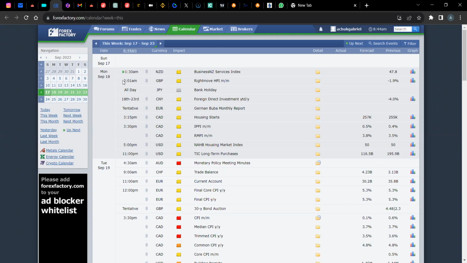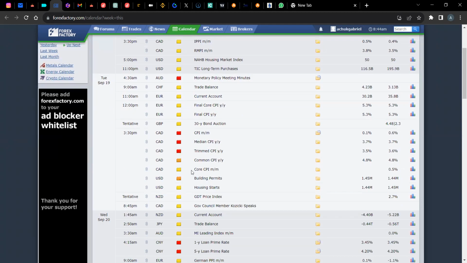When you look at Monday the 18th, there is definitely no big technical data being released. We have a medium one, but then on Tuesday we have the Aussie, the Australian Monetary Policy Meeting. This is one of the technical data that we know will be able to move the Australian currency, and that is the technical data we need to measure.